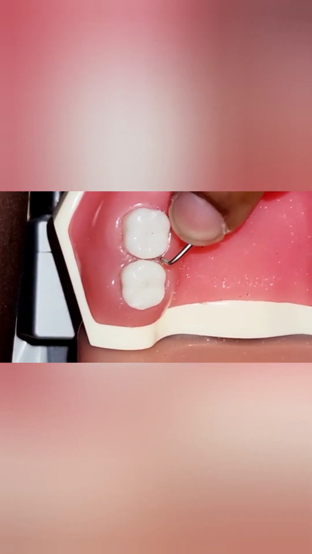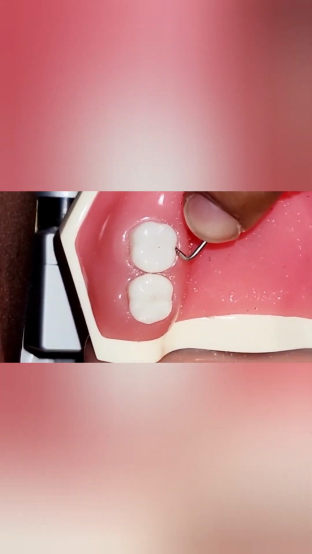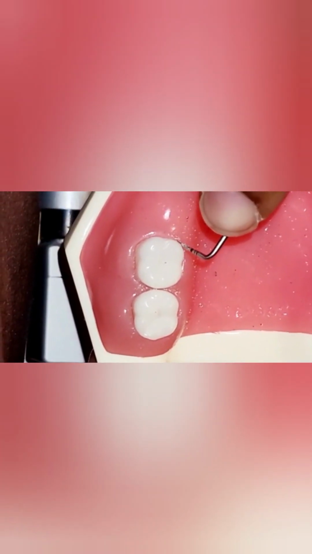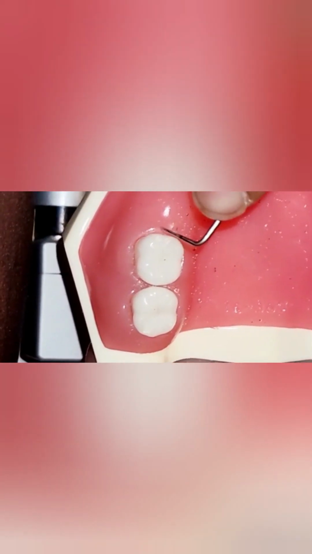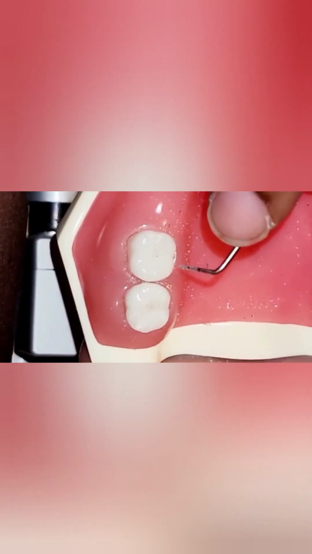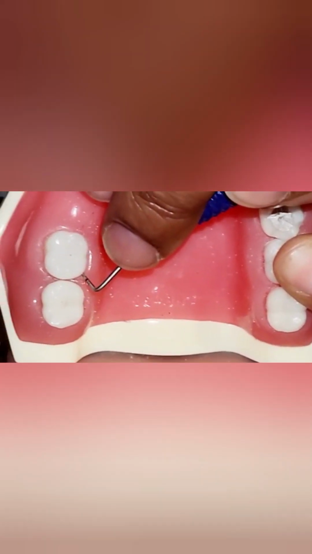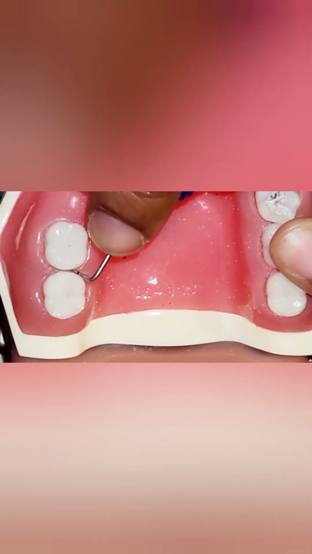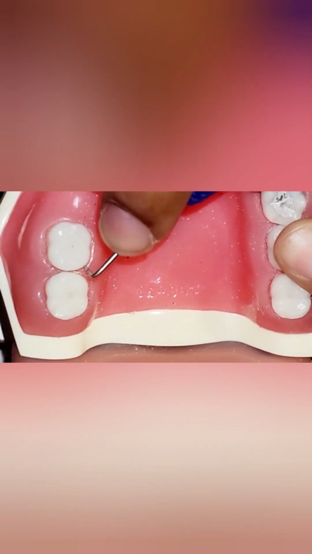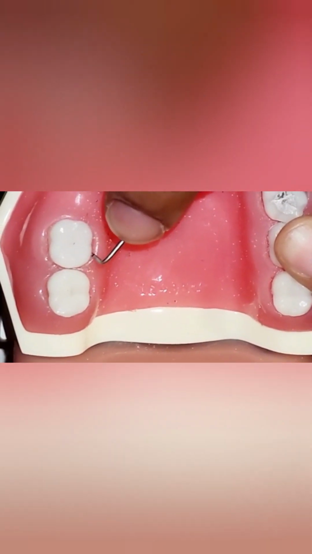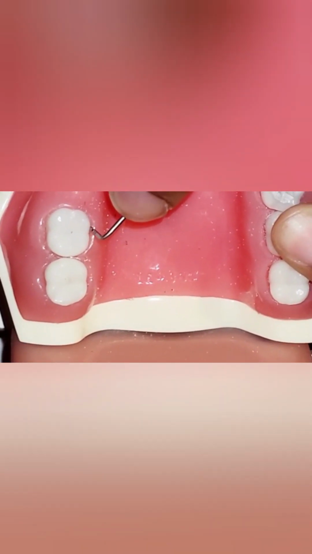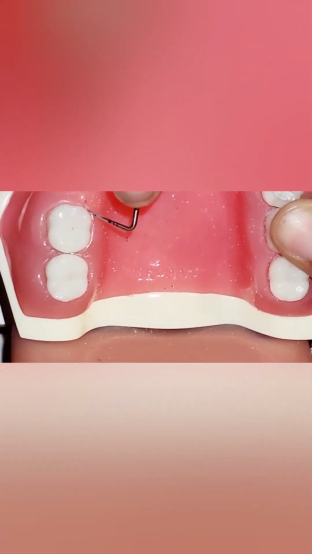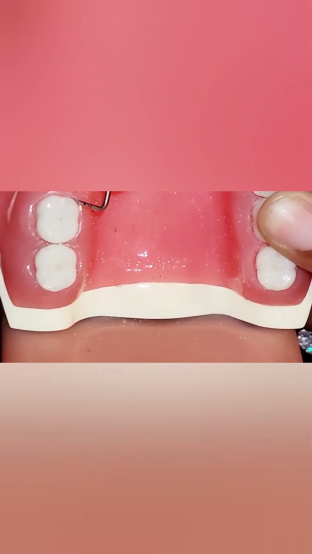A 7. 9. Oh, let's start this one over. We have a 7. Actually, this is an 8 coming this way. Oh, slippery little gums here.